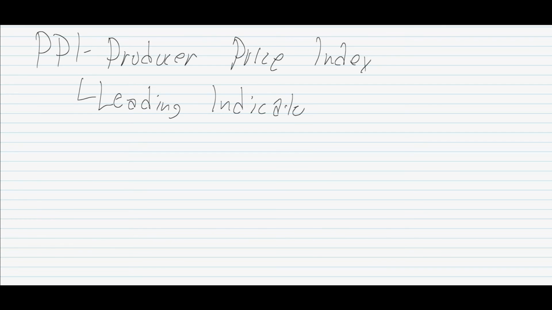While the CPI indicated the average cost, what the average consumer spends, this will estimate what the average producer spends. So why is that a leading indicator of inflation? Because if the PPI increases, that means producers are spending more. And if producers are spending more, that means they're going to have to increase prices to cover that cost. So prices for consumers will increase, but only after this increases.